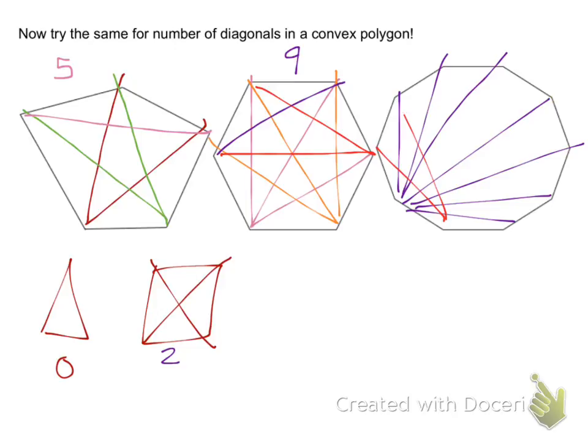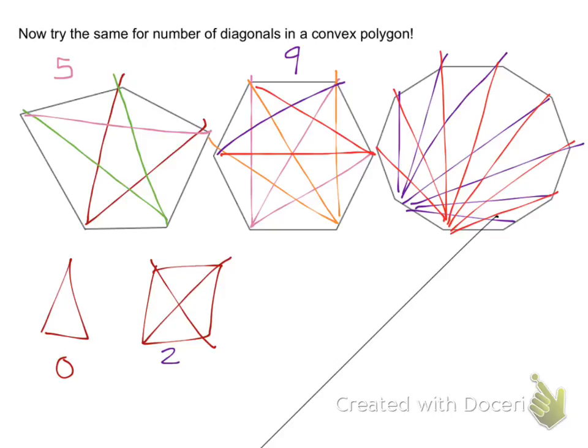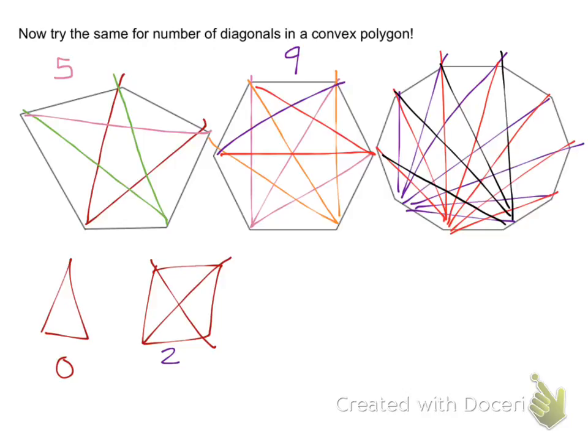8, 9, 10, 11, 12, 13, 14. Oh, whoops. That was not supposed to happen. I didn't see that one. Where are we at? 14? Yeah. 15, 16, 17, 18, 19, 20?